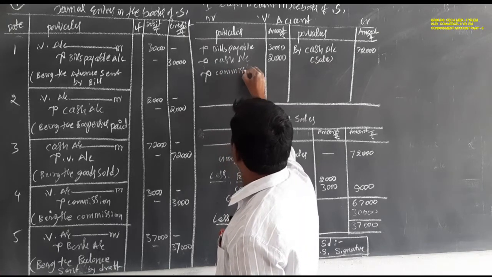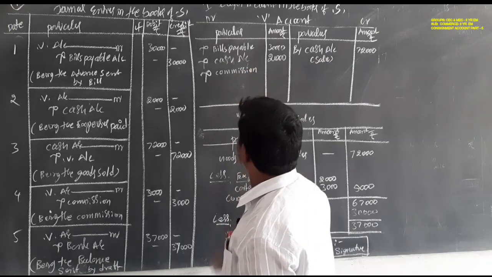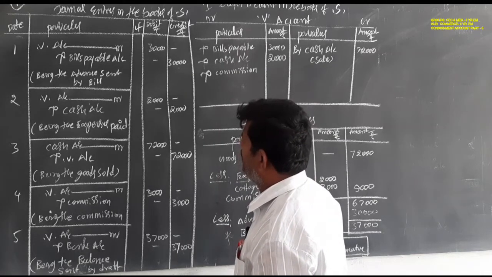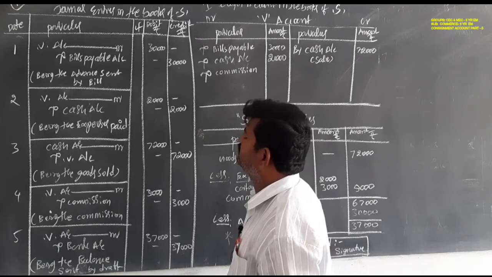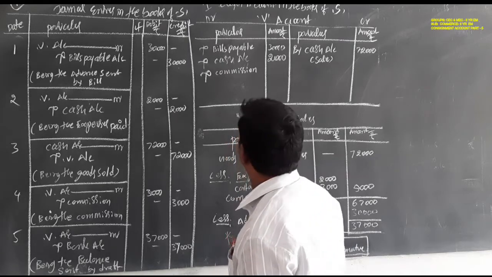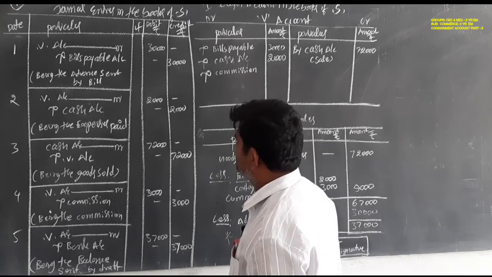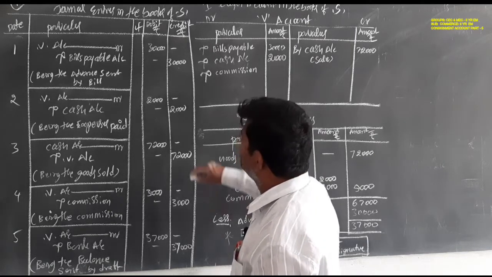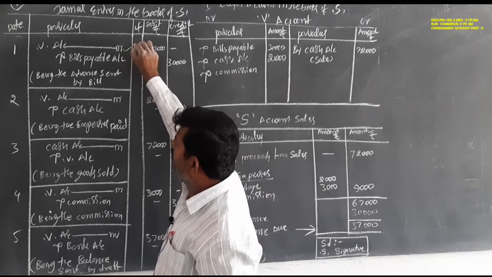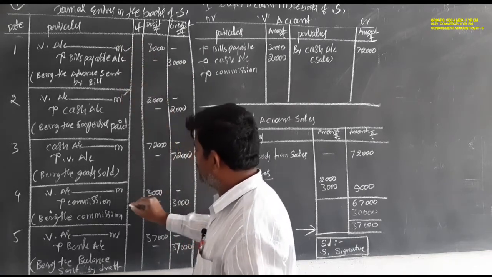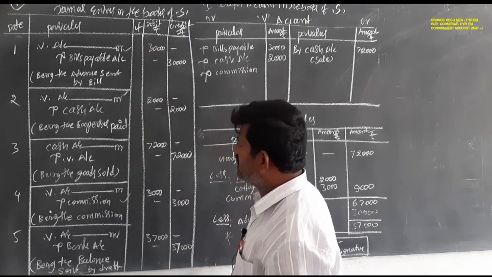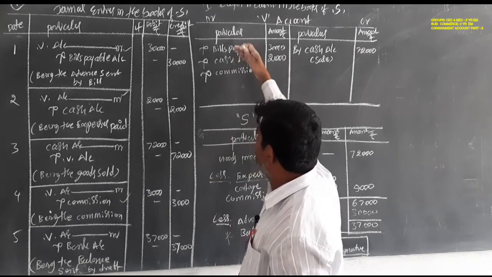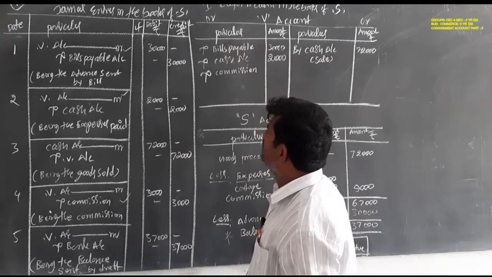You know the rule: for the account we are preparing, if the account appears on the debit side, you have to record on the debit side; if it appears on the credit side, you have to record on the credit side. So in case of bills payable, expenses and commission, in these three cases V account is debited, on the debit side.